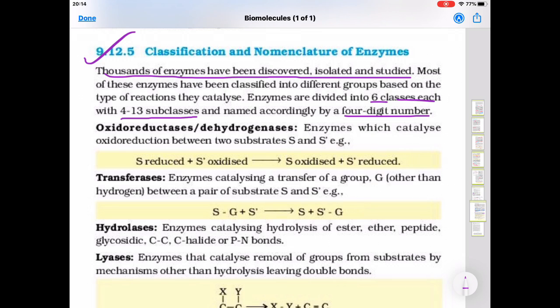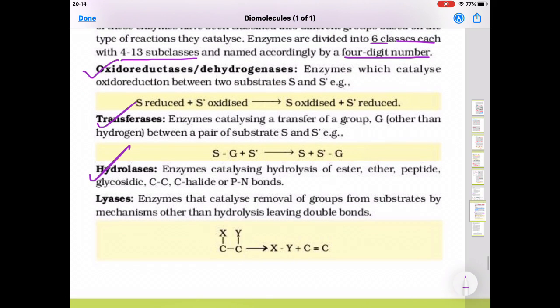These are oxidoreductases or dehydrogenases, reactions in which one molecule is reduced and one is oxidized. Then transferases, hydrolases. Hydrolases means in the presence of water. Lyases, here breakdown occurs, removal of a group occurs from the substrate.